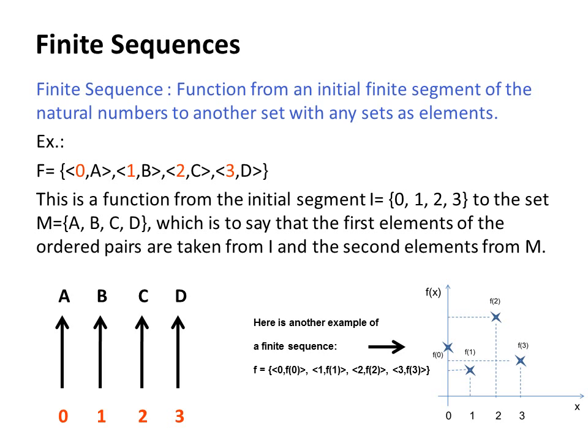A finite sequence is a function, the ordered pairs of which consist of a natural number taken from an initial segment of natural numbers in the first place and another arbitrary set in the second place.